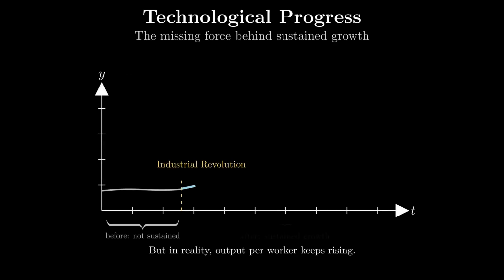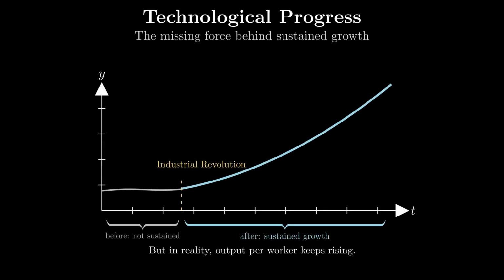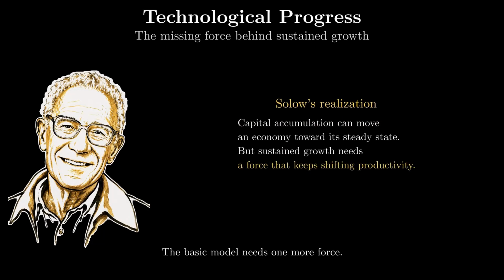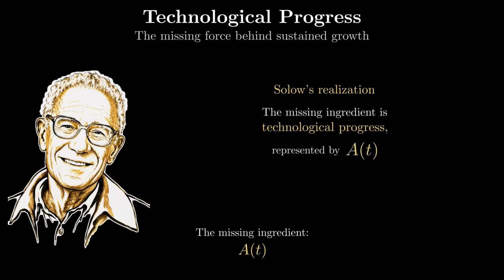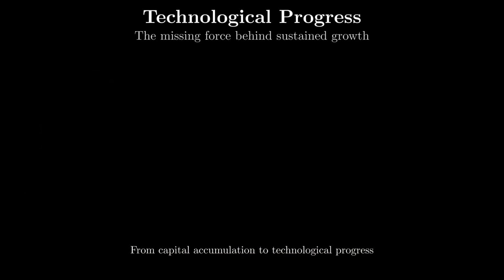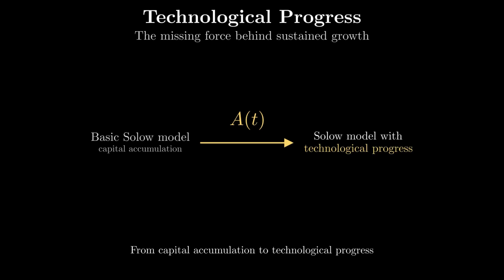However, in the real world, capital per worker has kept rising for decades since the Industrial Revolution. So, Solow needs one more force, and the missing ingredient is technological progress, represented by A. This is the bridge from the basic Solow growth model to the Solow growth model with technological progress.